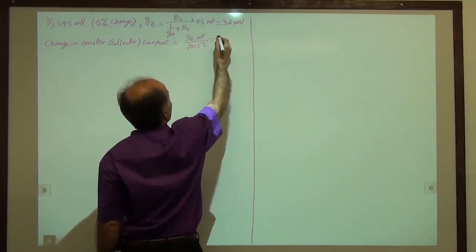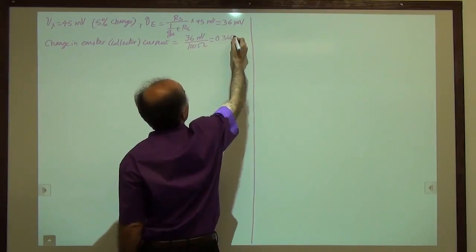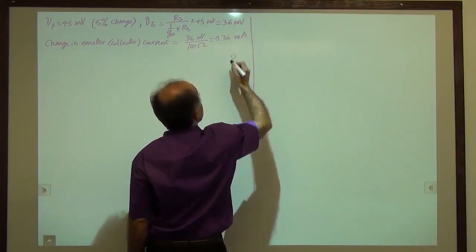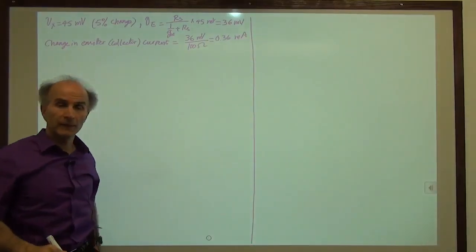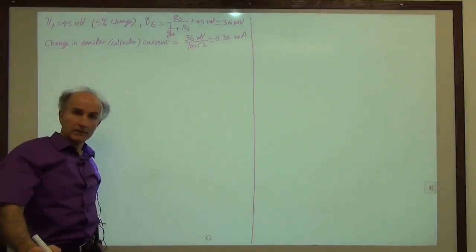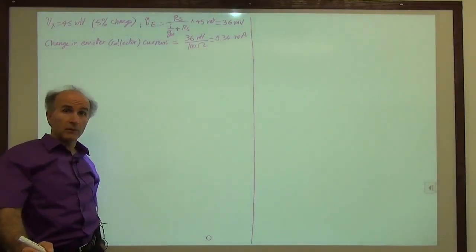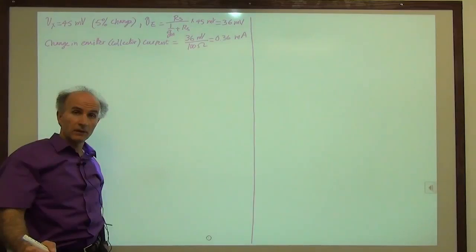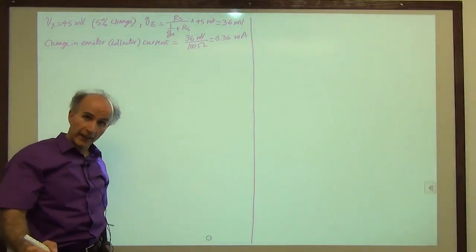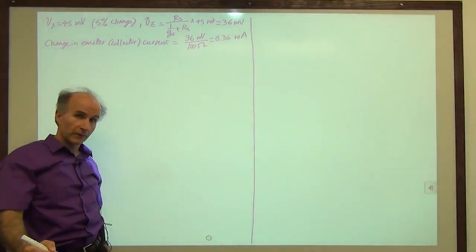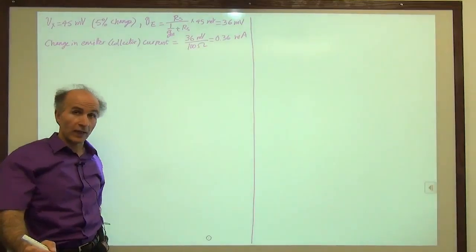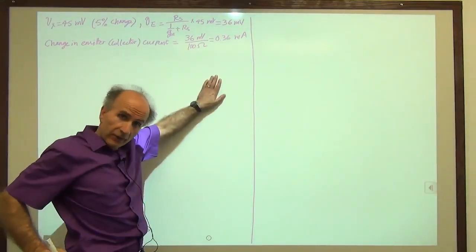So that's 0.36 milliamperes. Is that a lot? It is actually somewhat a lot, yes. So the current was 1 milliamp, and now it has gone up to 1.36 milliamps. So on an absolute scale, it's still not very good.